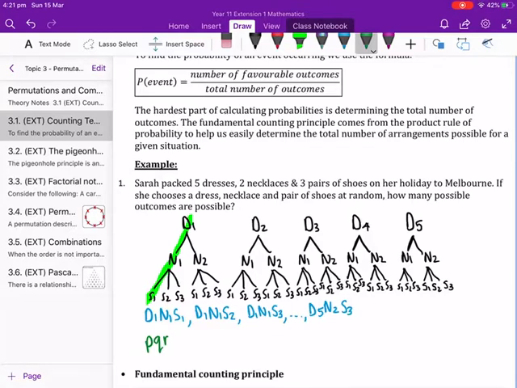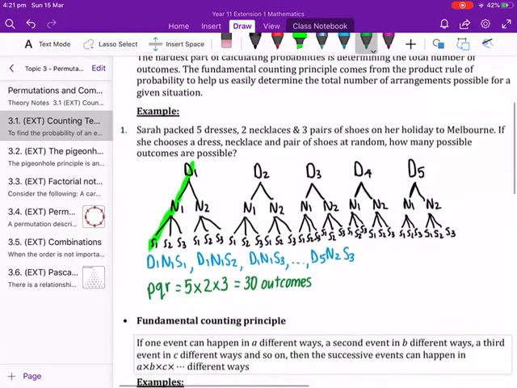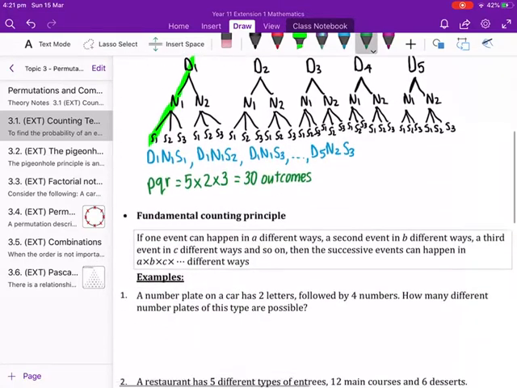So if P stands for our dresses, we have 5 of those, multiplied by how many necklaces we have, which is 2, multiplied by how many pairs of shoes we have, which is 3. When we calculate 5 times 2 times 3, we get 30 outcomes, or 30 different ways Sarah could wear her 5 dresses, 2 necklaces, and 3 pairs of shoes on her holiday to Melbourne.